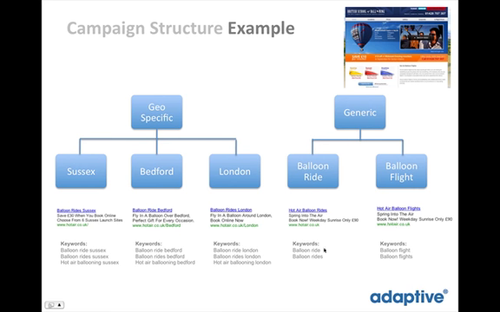Now, because they only operate within the London area, so that none of the budget gets wasted, what we do with this campaign is make sure that the campaign only targets a specific geographic area, so that if somebody does a search for balloon rides up in Scotland, the ads wouldn't appear.